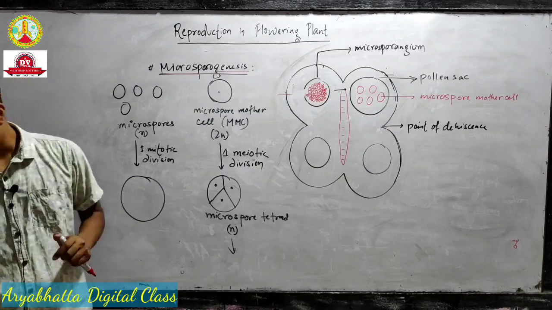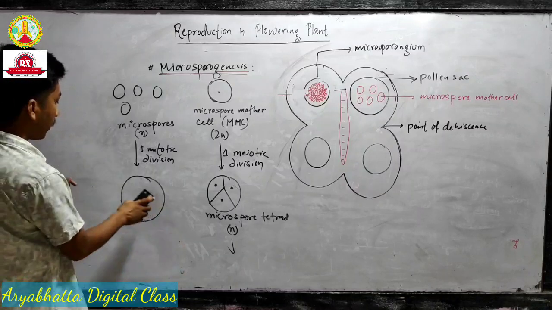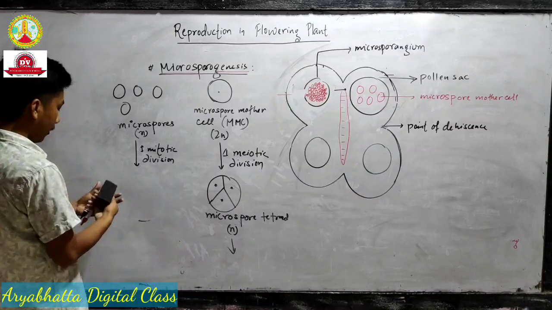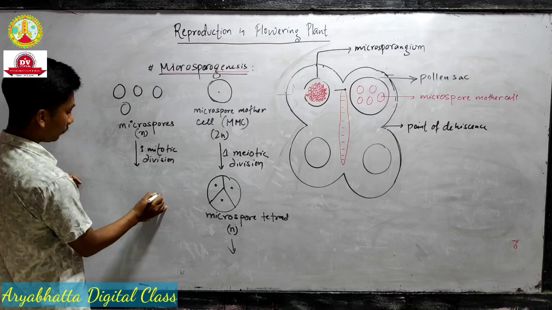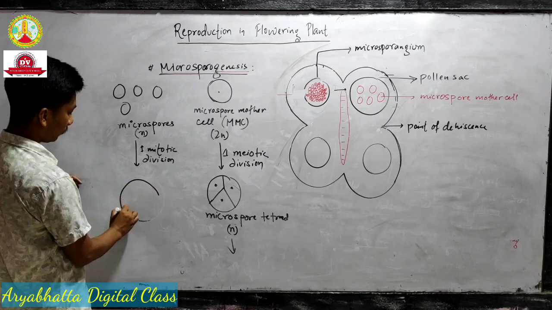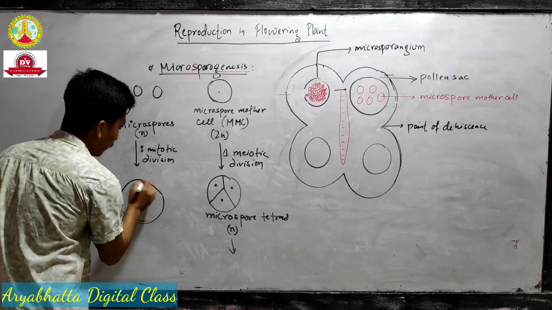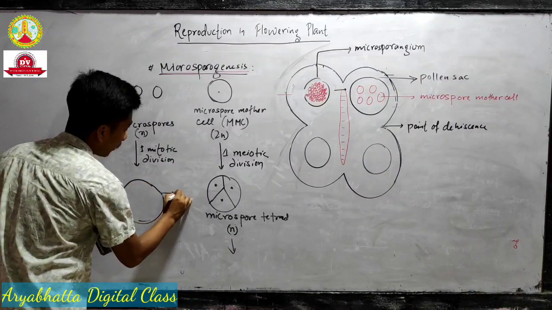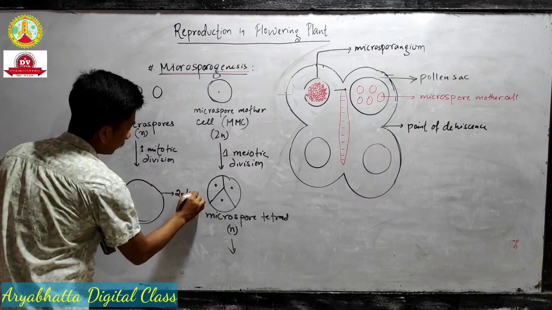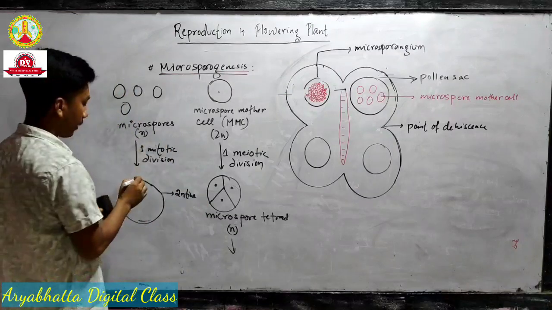Now the actual structure of a pollen grain has two layers. The inner layer is known as intine, and it has an outer layer.